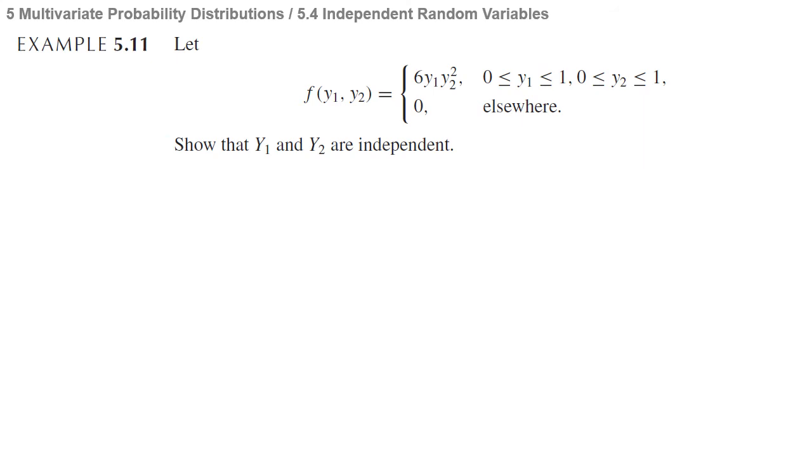Okay, let's move on to example 5.11. This time y1 and y2 are continuous random variables, and here is the joint density, and we want to show that y1 and y2 are independent.